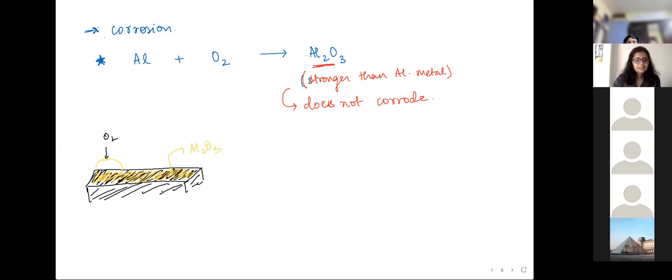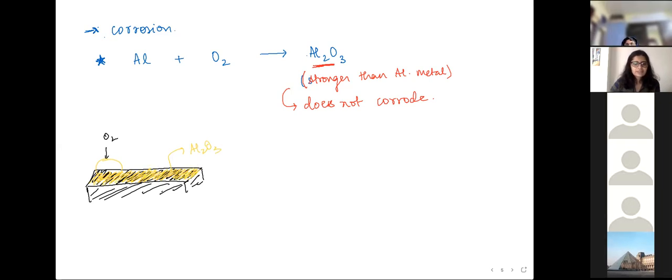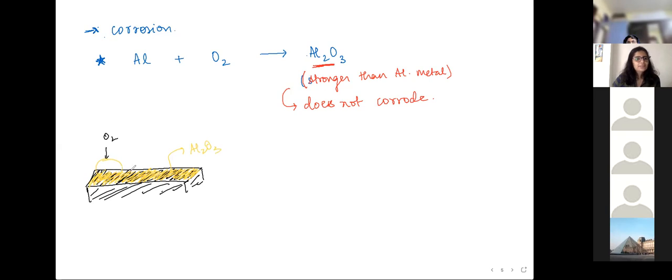Because aluminium oxide is stronger than aluminium, it's pretty strong. Once aluminium oxide is formed, it has settled on the outside layer of this aluminium block or sheet, and it prevents any more oxygen from going in.